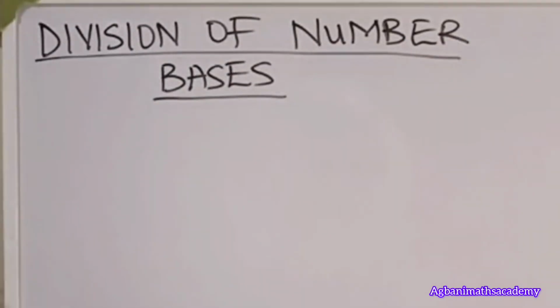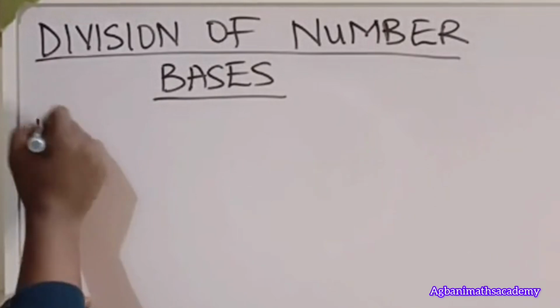Okay, so now we are looking at how to divide number bases. If we want to divide number bases, the first thing we need to do is convert the numbers in any particular base to base 10, divide them, and then bring them back to whatever base they were initially. Let's look at an example.